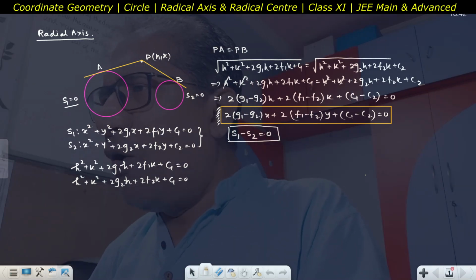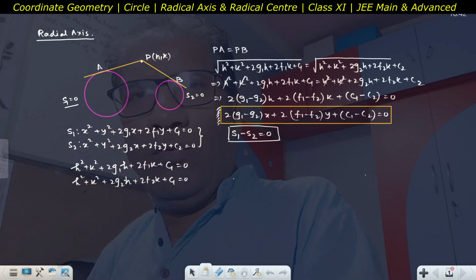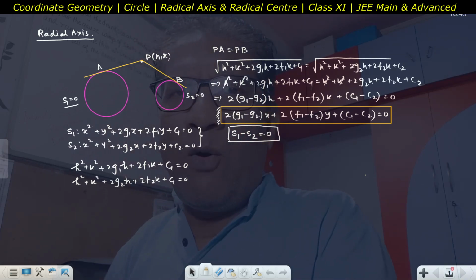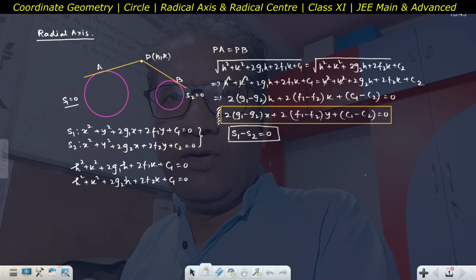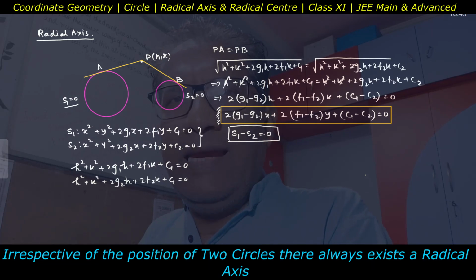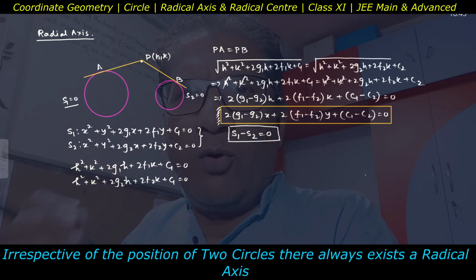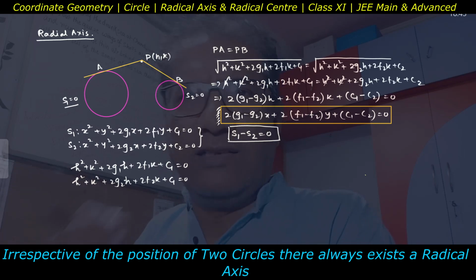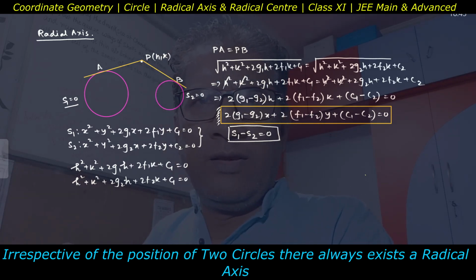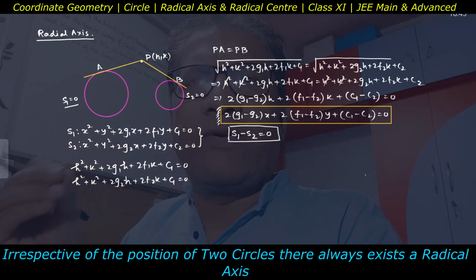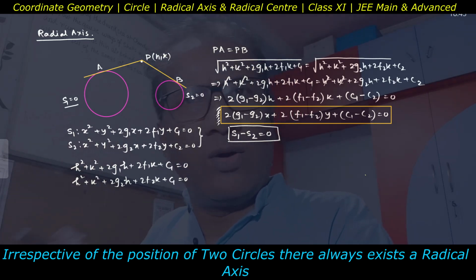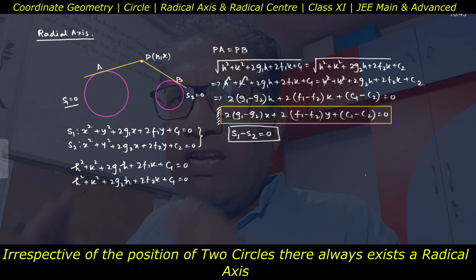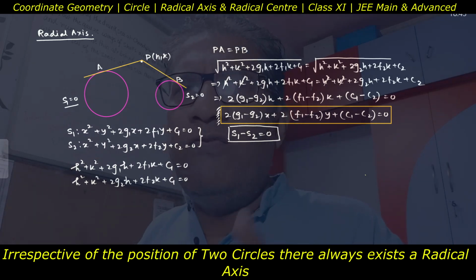Now at this point, we are coming to a very important conclusion, which is, irrespective of the position of the circles, there is always a radical axis. What I told you, irrespective of the position of the circles, there is always a radical axis.